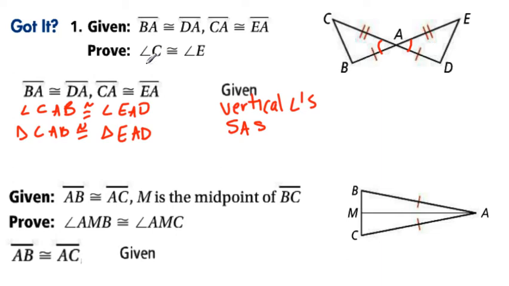So now we can say what we were trying to prove. Therefore, angle C is congruent to angle E, because of corresponding parts, CPCTC, corresponding parts of congruent triangles are congruent.